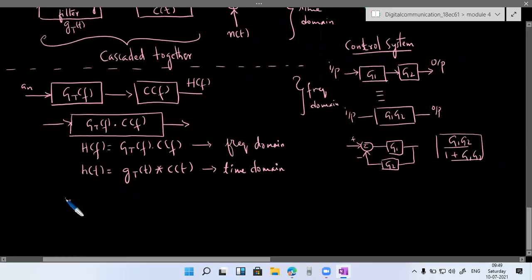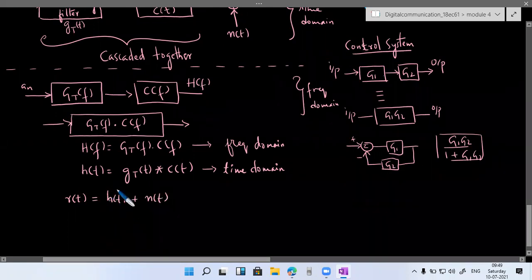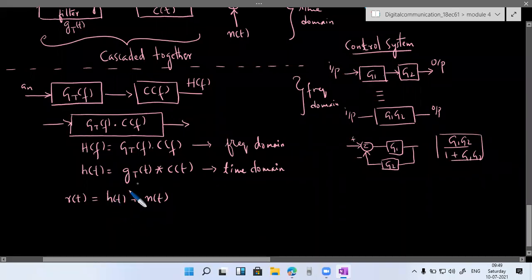So I can make out one more equation where R of t is equal to H of t plus N of t, where H of t is the channel output, and this H of t in turn comprises of R pulses, or transmitting filter impulse response.